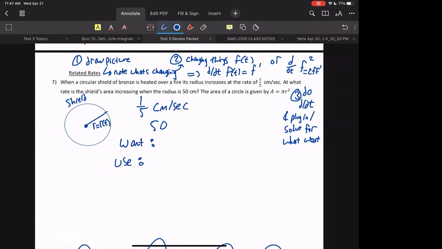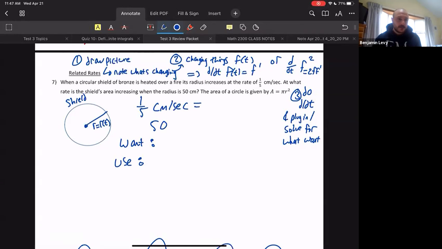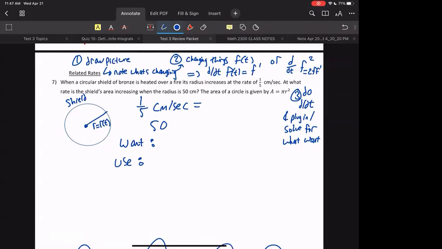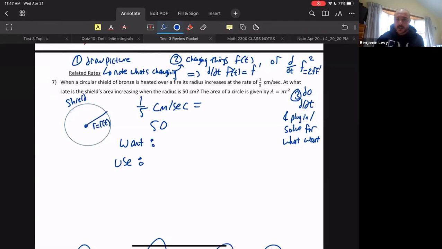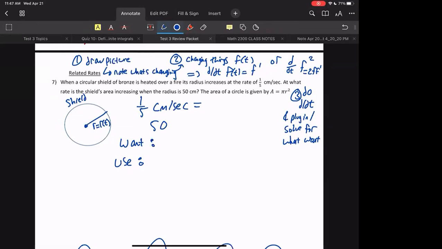The radius increases at a rate of 1/5 centimeters per second. Yep. So what is that in math terms, or in calculus terms? It's the rate of change of the radius. How do we say that in calculus terms?